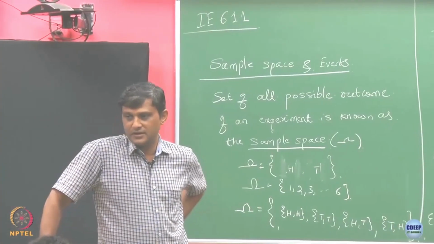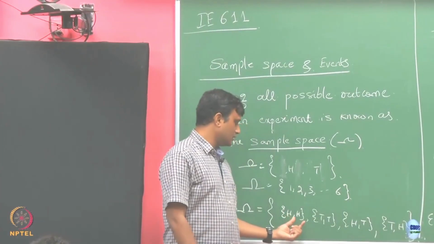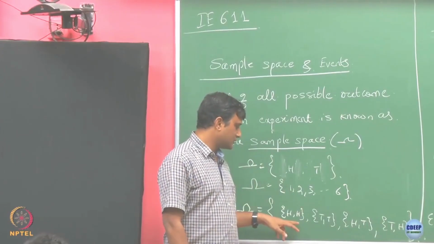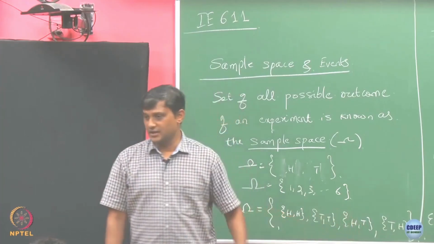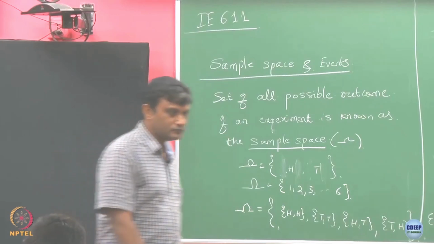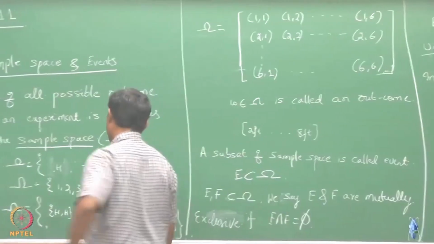The common element. So in the same example, for HH and HT, the intersection will be what?